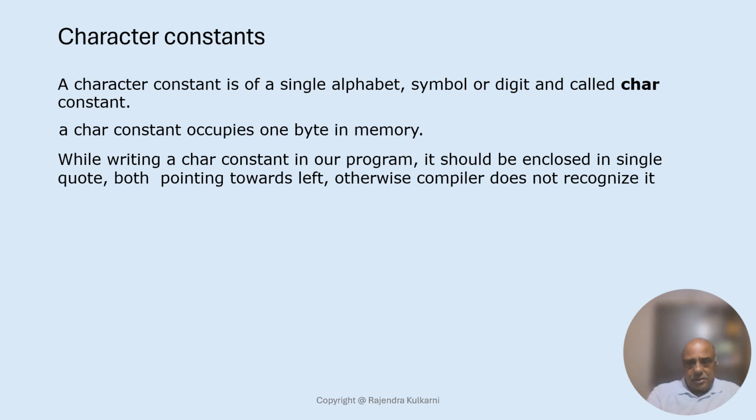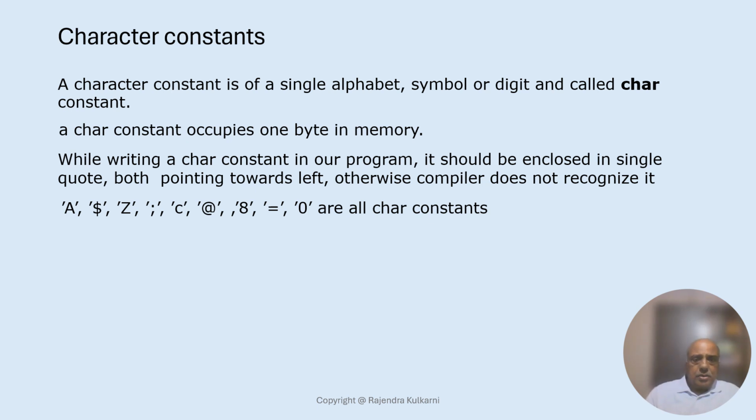It just throws an error while compiling the program. Now we can see here a capital letter or capital alphabet, a symbol like dollar, a symbol like semicolon are all char constants.